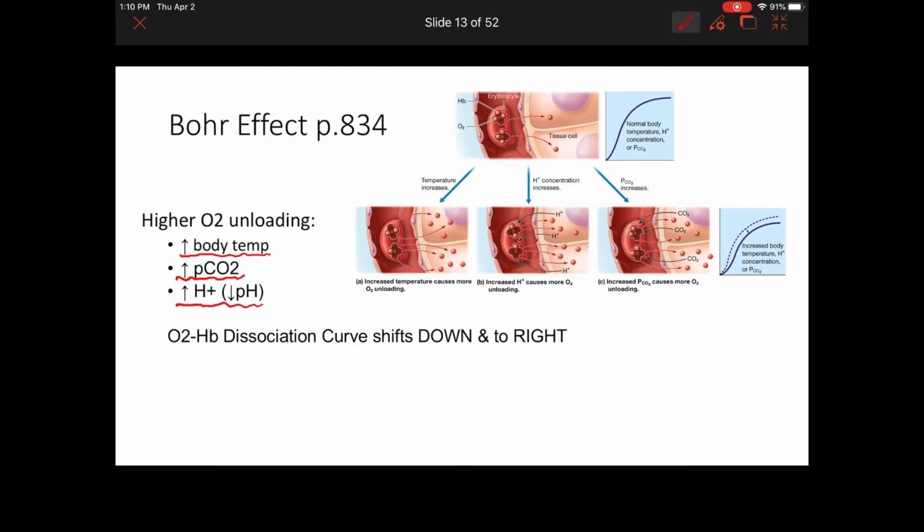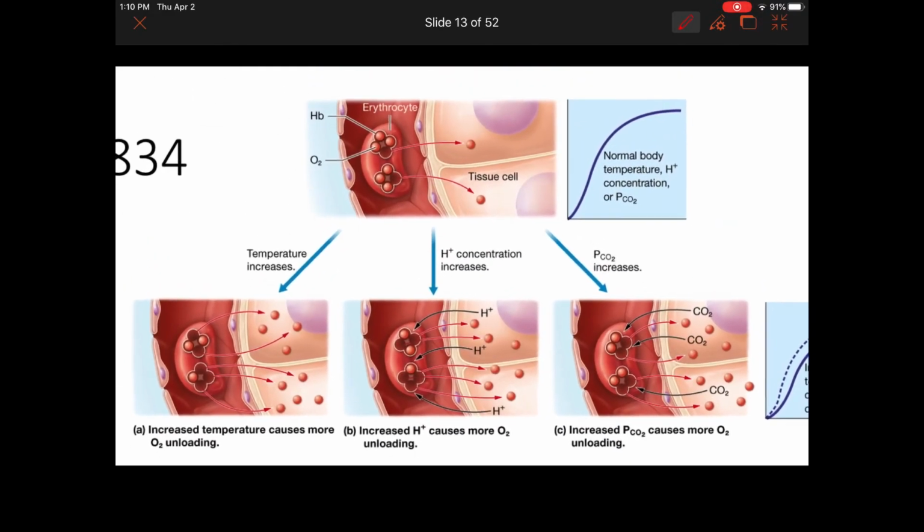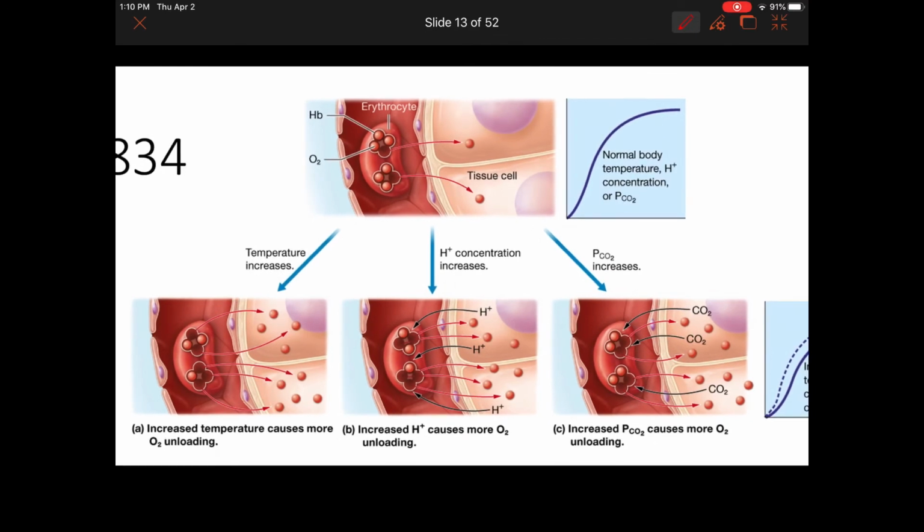All right, so let's take a look at this in terms of the oxygen dissociation curve that we looked at a moment ago. Up at the top of this diagram, we have a red blood cell with some hemoglobin and some oxygen attached to that hemoglobin. As the hemoglobin discharges oxygen to the tissue cells, we have our dissociation curve as we saw it previously.